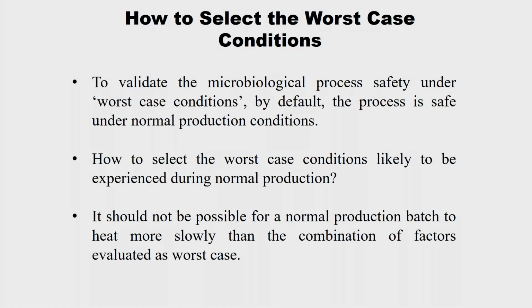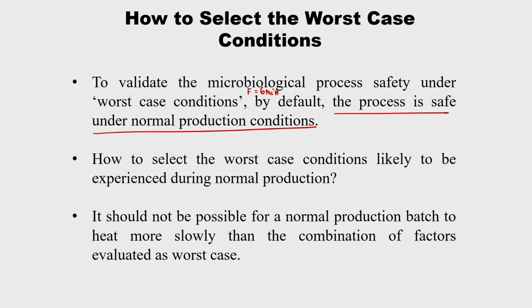To validate the microbial process safety under worst conditions, by default the process is safe under normal production conditions, right. So for worst conditions I get an F of 6 minutes, but the normal F we calculated is 3 minutes, right. So by default the process is safe if I employ the 6 minute process value. But one more thing we need to be a bit careful about.